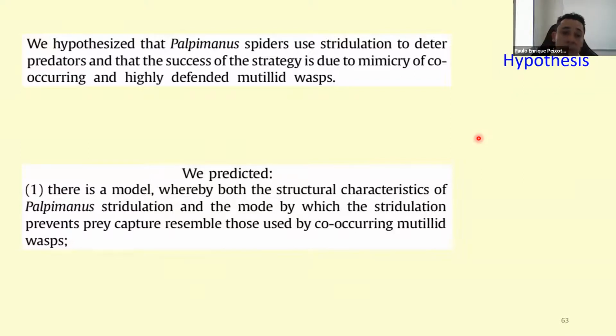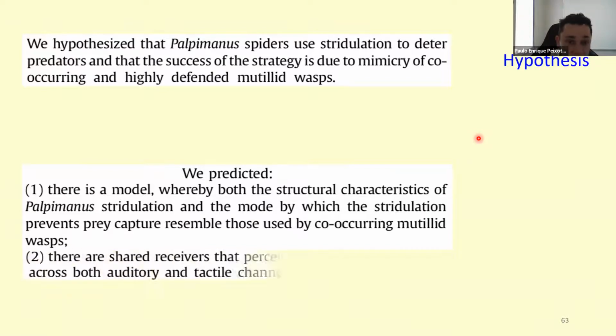The first one, they predicted that there is a model, which is that there is a mutillid wasp that is being mimicked by spiders, whereby both the structural characteristics, which is the operationalization of stridulation they used, of Paupimanus stridulation, and the mode by which the stridulation prevents predation resemble those used by co-occurring mutillid wasps.